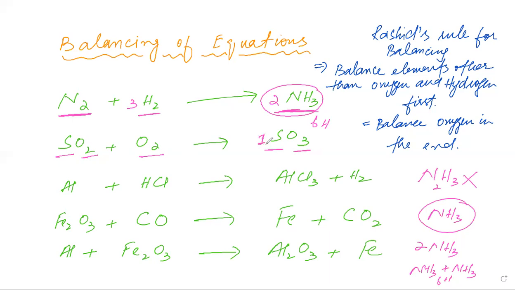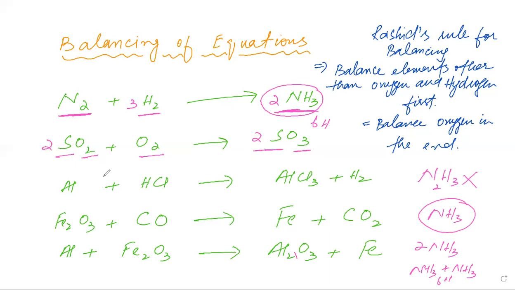Number 1 is already written here, and we can increase this 1 to 2. As we try to balance oxygen, sulfur, which was already balanced, has become unbalanced. So we should balance sulfur first and we should ignore oxygen.